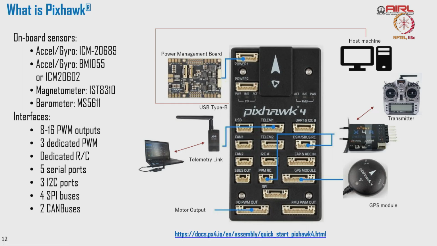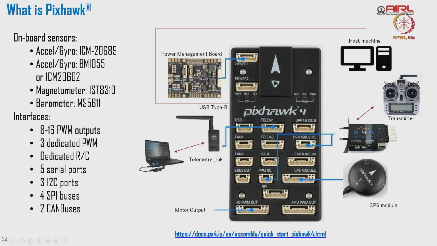One can use any other architecture also, but they need to understand what we are connecting, right? So here we talk about open source, so I thought I'll just pick this. Pixhawk has a power management board which provides necessary power for the real-time system, right? And it has onboard sensor interfaces available.